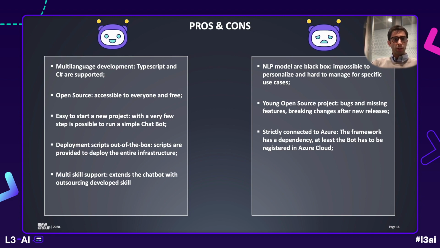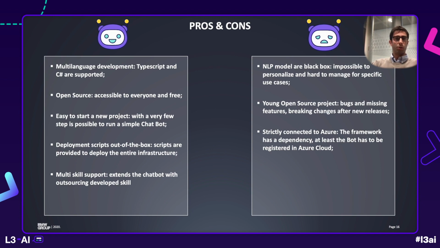The pros in our use case: we have multi-language development. The Bot Framework supports both TypeScript and C#, and you can have different skills written in different languages. It's open source, so it's accessible to everyone and free. It's very easy to start a new project.